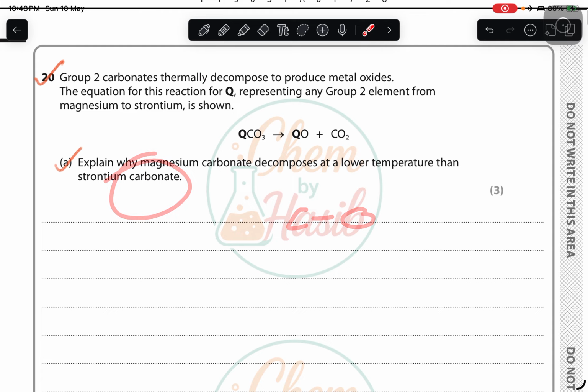Alright, I hope you can write this answer, because we have explained this answer many times before. I think even in the last year's question, or maybe the previous year's question, I think in October 25 or May 25, we had a similar question.